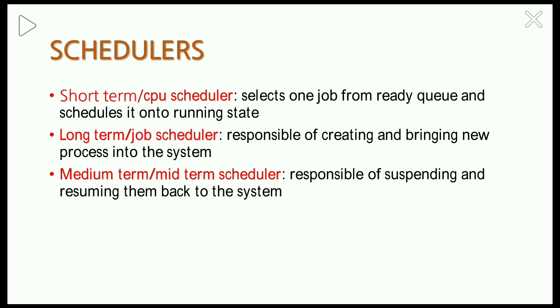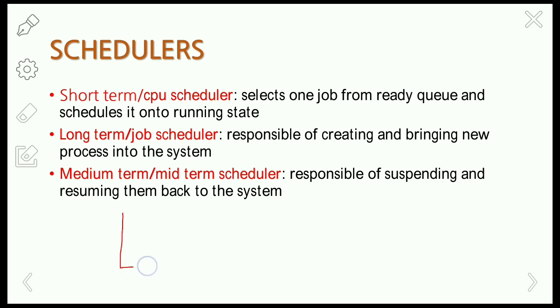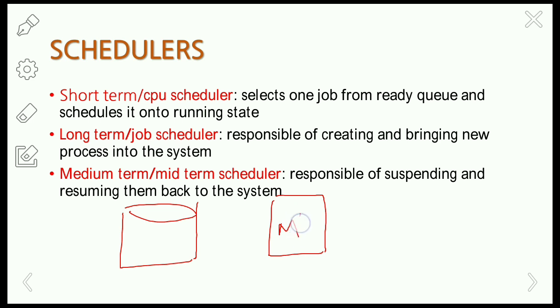If you want to know about the process states and how a process is going to execute, I am going to explain it with a simple example. In the case of a computer, there are two types of memories: secondary memory and primary memory. Primary memory is also called main memory. Secondary memory is the hard disk, and main memory is the RAM. So this is the main memory, and secondary memory, that is the hard disk.